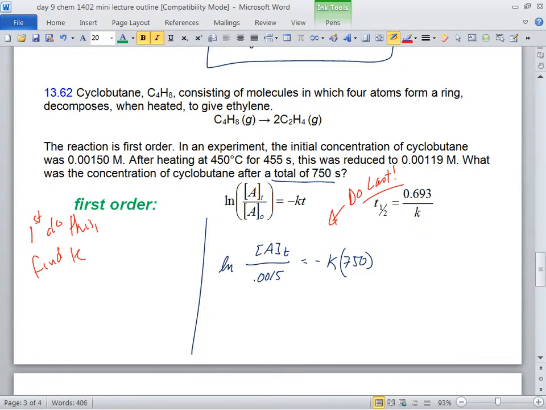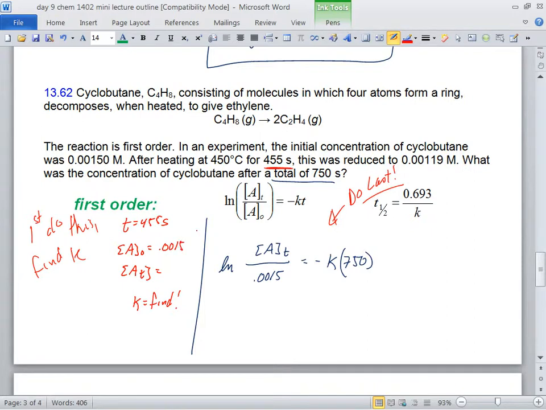Because look at that. Notice how they gave you 2 times. In that one where they gave you the 455 seconds, they told you everything but k. At that 455 seconds, they told you the initial was 0.0015.